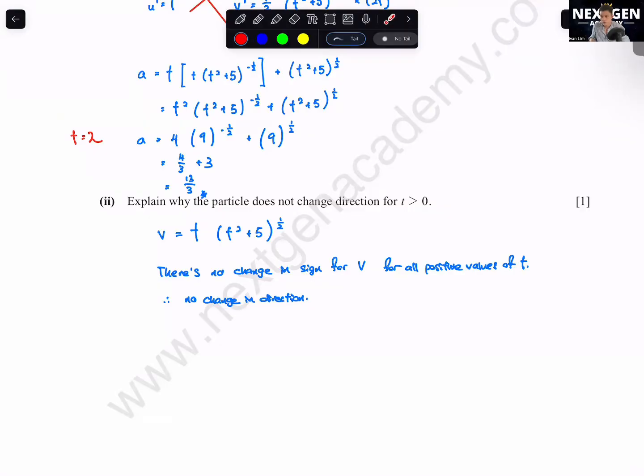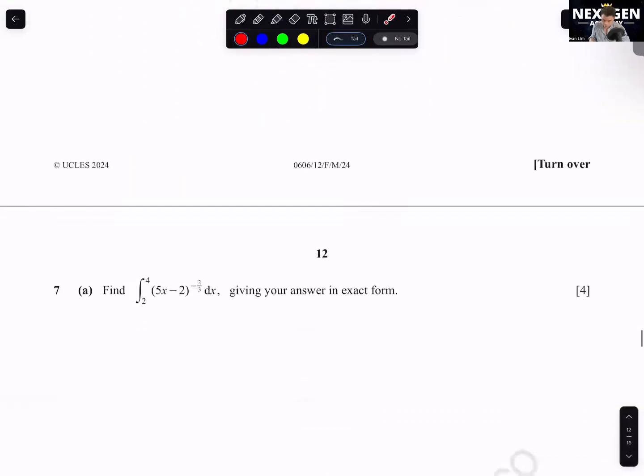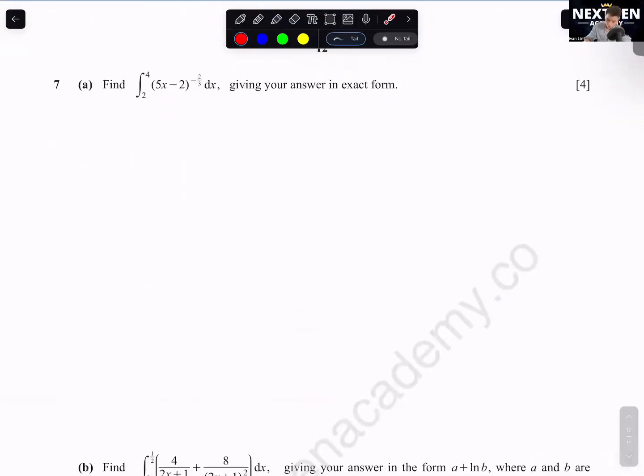Okay. Cool. 7a. Integrate 2 to the power 5x minus 2, to the power of negative 2 over 3. Give your answer in exact form. Let's see, how can we integrate this? This is a chain rule type of integration. So you power plus 1, divide new power, then you differentiate inside the bracket and then divide it.